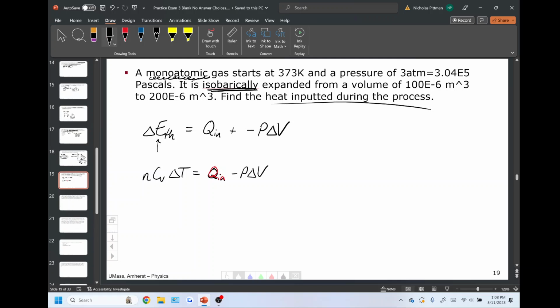The pressure is 3 atmospheres the whole time, so that's done. Delta V is told to us, so that's done. CV is told to us, so that's done. Let's see, all right, let's replace delta T with T final minus T initial. Okay, we are told T initial is 373, so that's done.